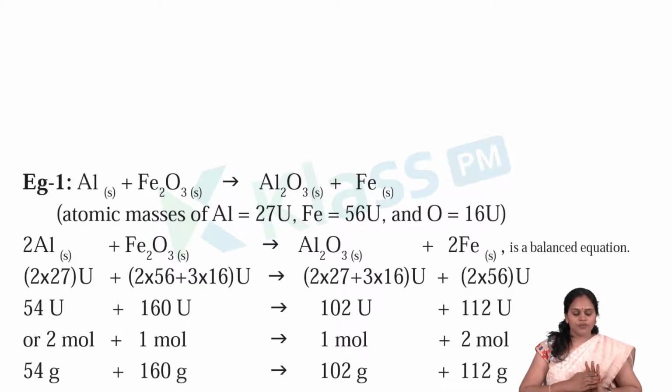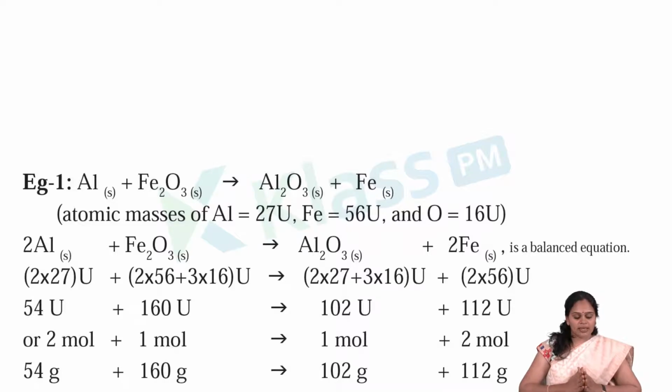So finally, if you simplify, a total of 54 units of aluminium plus 160 units of Fe2O3 gives you 102 units of Al2O3 and 112 units of iron. That is 54 units, which is nothing but 2 molecules of aluminium. 2 molecules of aluminium and 1 molecule of Fe2O3 give you 1 molecule of Al2O3 and 2 molecules of iron.